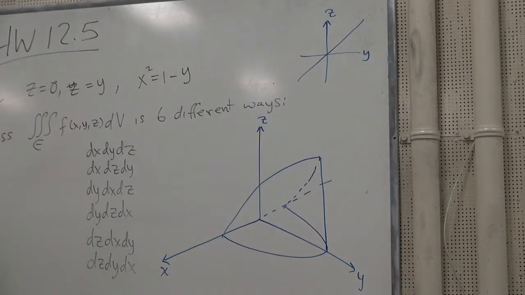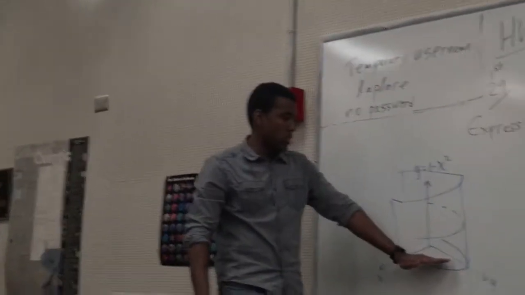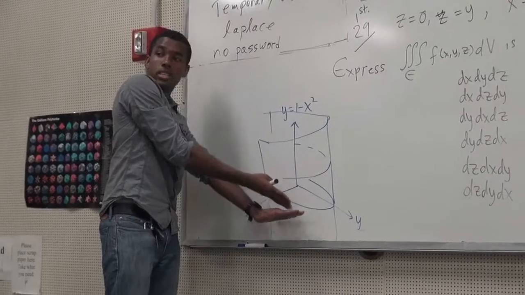And if I look at y equals 1 minus x squared, what that looks like is a parabola like this. It's a parabolic cylinder. So it's chopped across at 45 degrees. I cut it off on the xy plane, flat floor, z equals 0, and then there's another plane slicing this way.